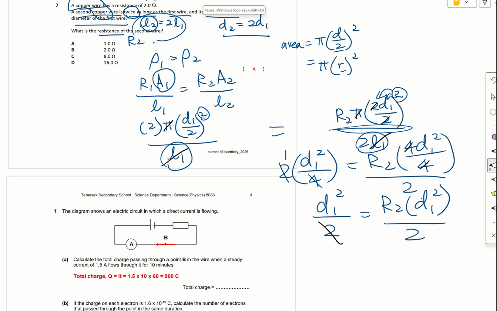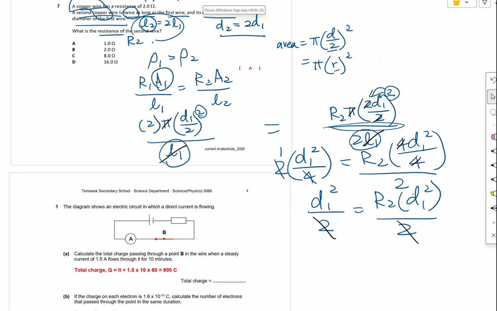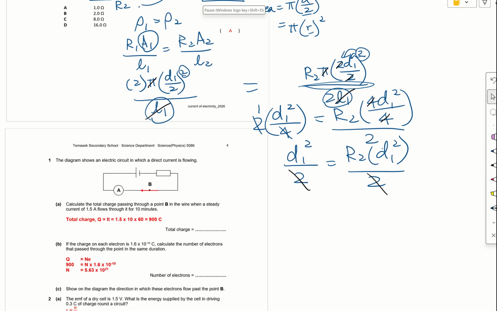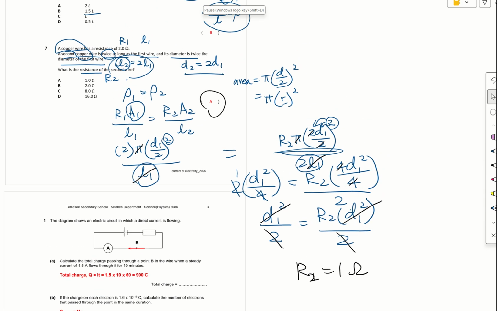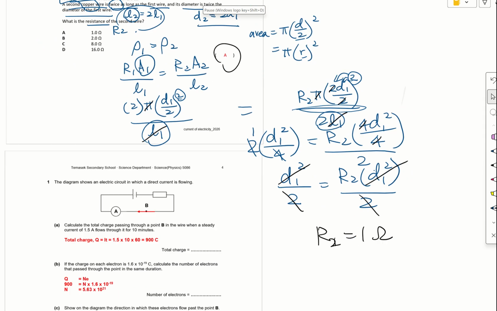So again, 2 and 2 are in the denominator, so I can cancel. D1 squared and D1 squared are both here. That means R2 equals 1 ohm, right? So eventually everything cancels out and R2 equals 1, which is 1 ohm.